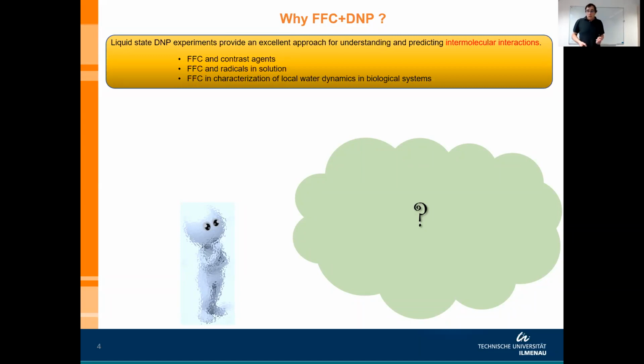For example, the group of Florence Benatti here in Germany, Jean-Pierre Korb also showed us something, and many others that I forget, of course. But it's quite interesting to study this because these interactions give us a lot of information about the dynamics of the system itself. But again, we still didn't say anything about field cycling and DNP.